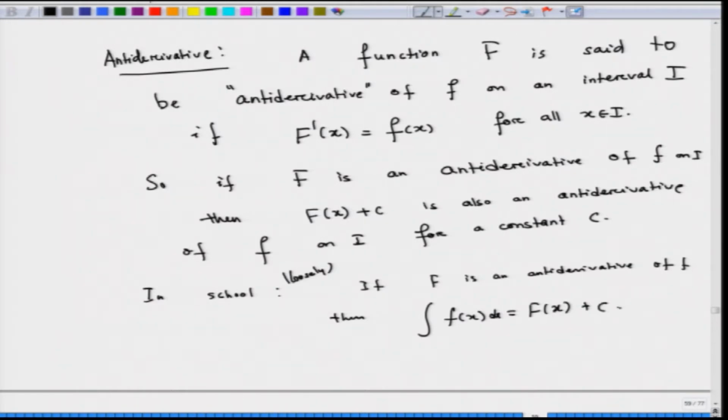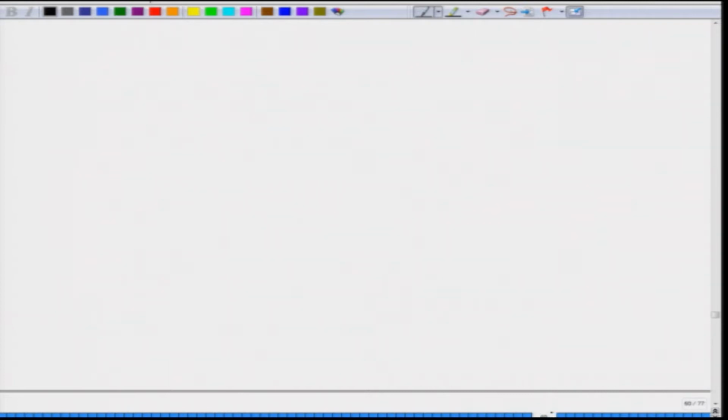That was what integration was taught to us in our school days. What we are going to discuss now is integration as an area.